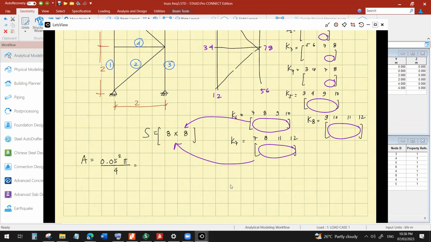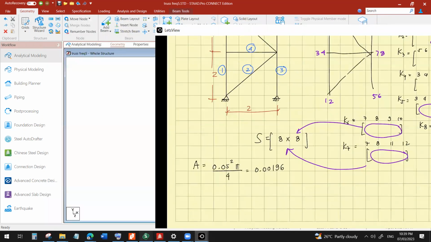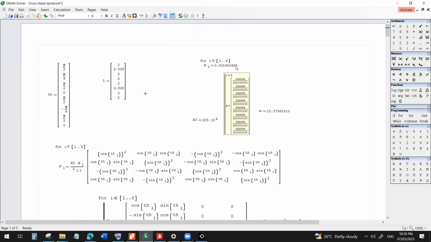You will get 0.00196 meters square. Kaya dito sa SMAT, 0.00196. Okay? Elasticity, 205 times 10 raised to 9.